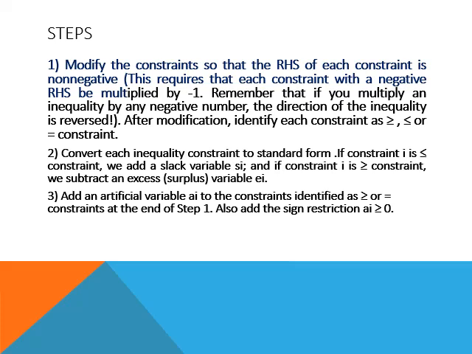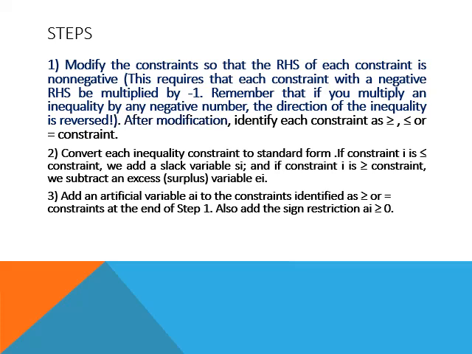This requires that each constraint with a negative RHS be multiplied by negative 1. Remember that if you multiply an inequality by any negative number, the direction of the inequality is reversed.